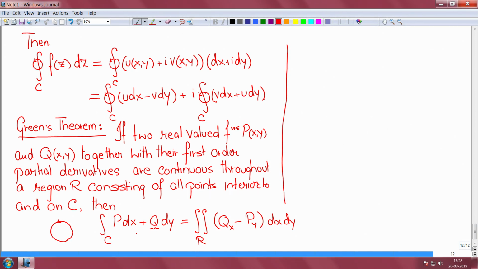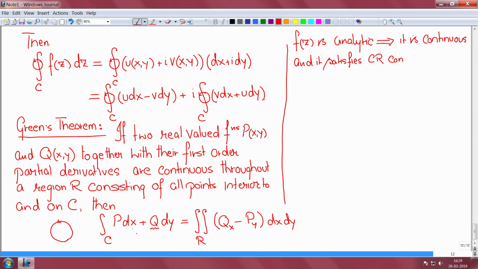We started out by saying that f of z is analytic for us, which implies that it is continuous, and it satisfies the CR conditions.